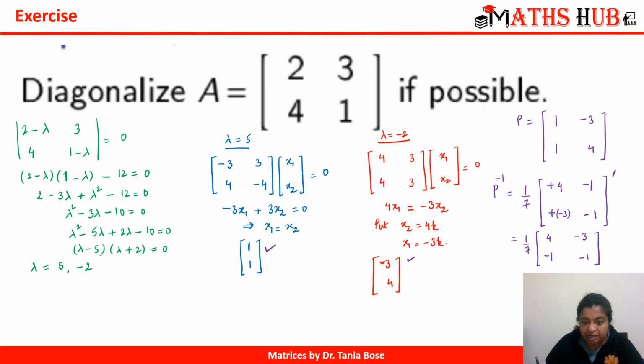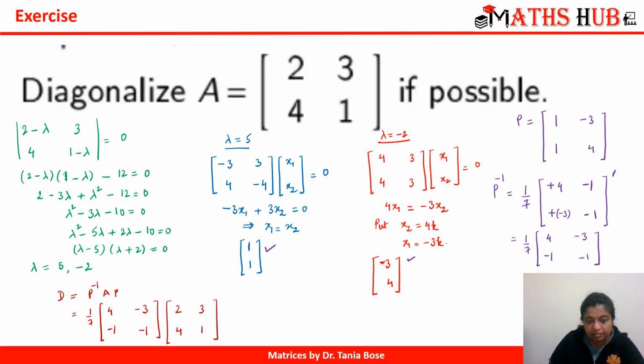Now finally, what is the diagonalized matrix? The diagonalized matrix is P inverse A P. So that is 1 by 7, 4, minus 3, minus 1, minus 1, multiplied by A, that is 2, 3, 4, 1, multiplied by the matrix P.